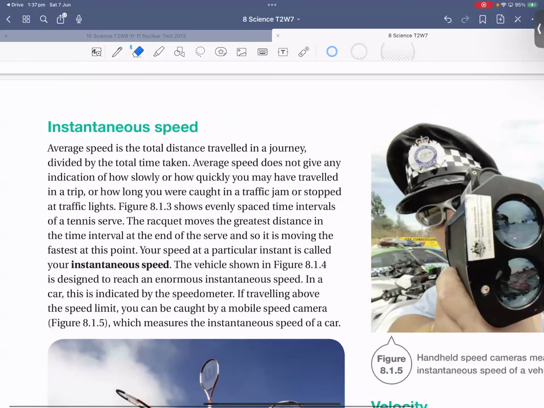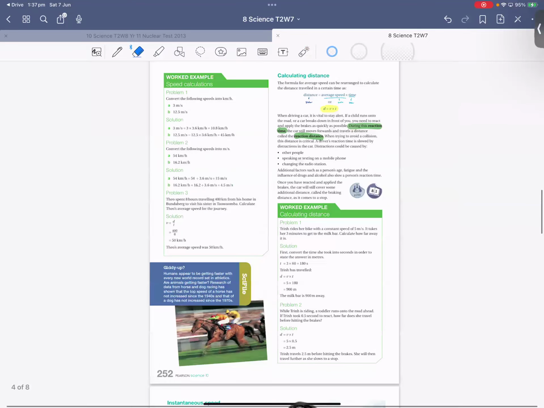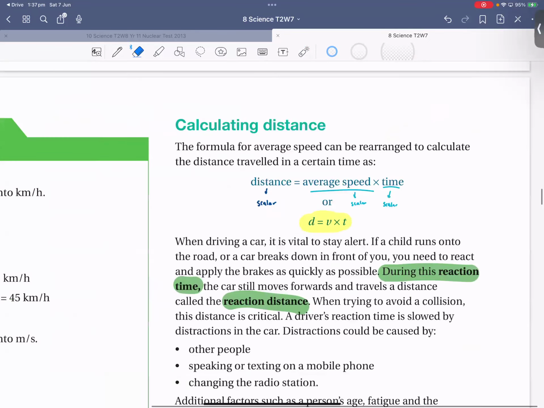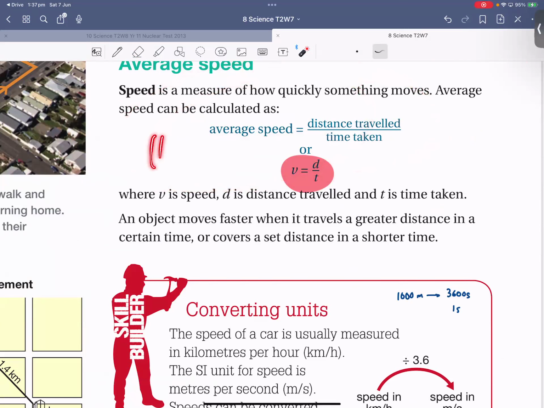Guys, there's something called instantaneous speed and average speed. Average speed was distance divided by time. This could mean, if I'm traveling a total of 10 kilometers in 1 hour, my average is obviously going to be 10 kilometers per hour.